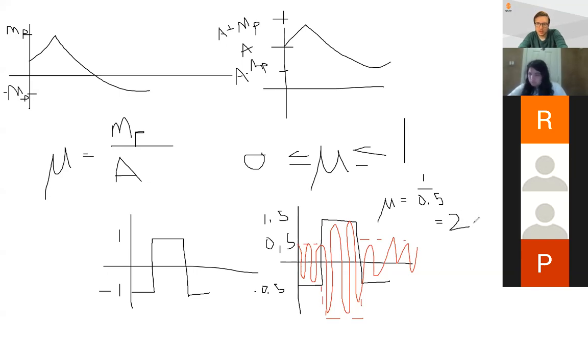So in this case it is distorted, but maybe a sensitive receiver could still tell the difference between a 0.5 and a 1.5 in the pulse, especially if you're expecting a digital message.